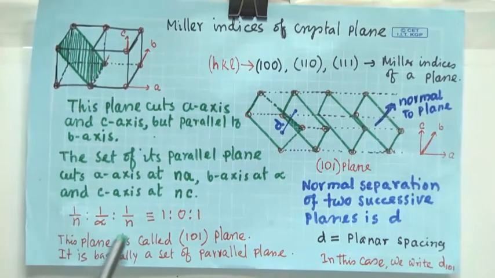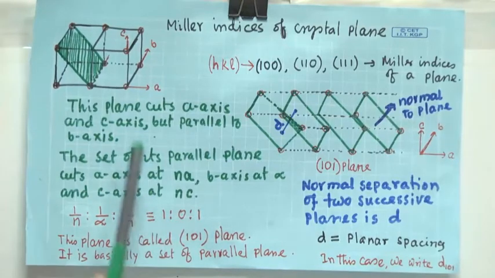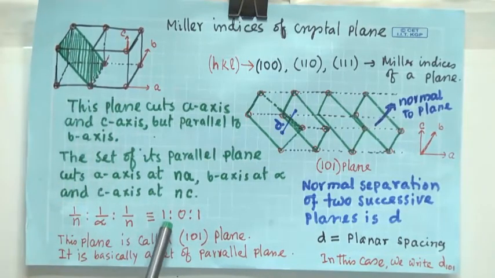If you take it from there, you can simplify and get 1:0:1, 1 ratio 0 ratio 1. So, this plane we call the 101 plane.